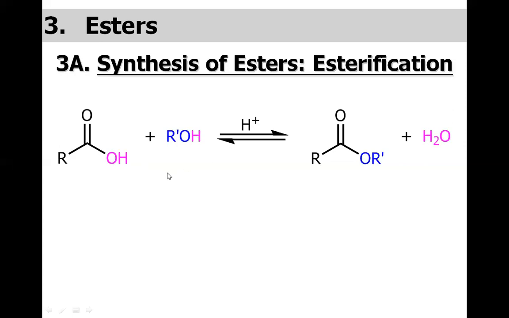And we have already discussed the mechanism when we were discussing the reactions of carboxylic acids, that the first step will be the protonation of this carboxylic acid, and then the alcohol will attack this carbonyl carbon, and after the proton shifting and expulsion of the water molecule, we will have the final desired product, that is the ester.